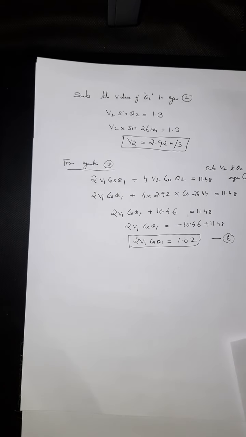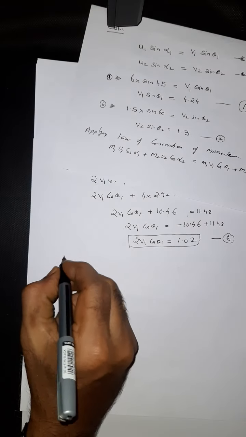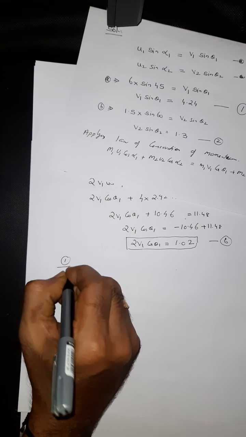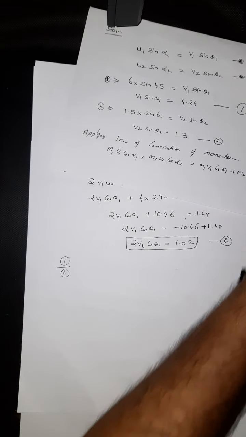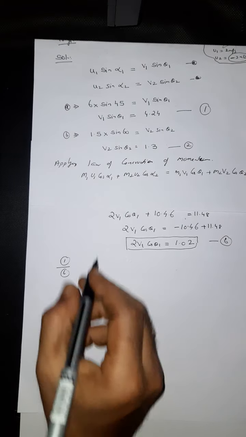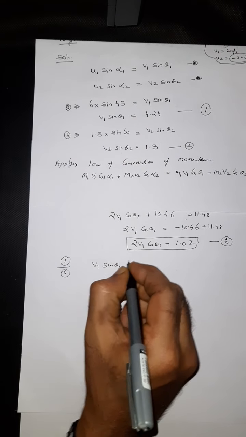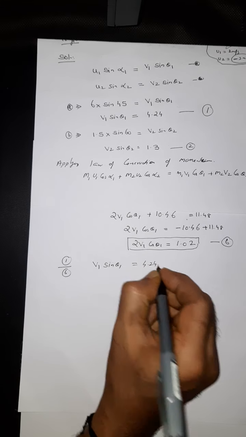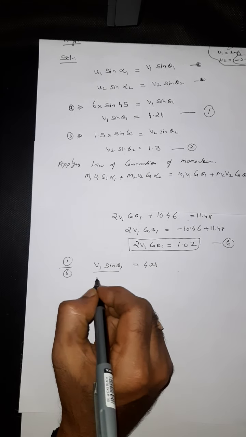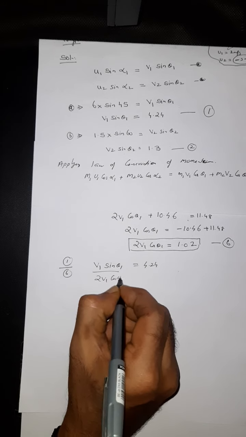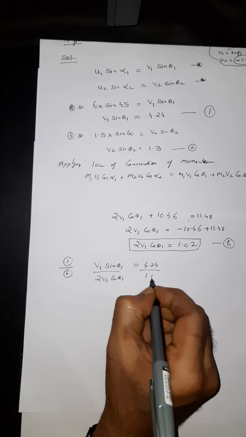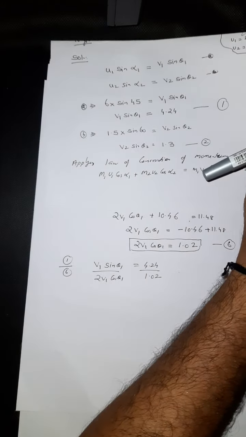Now divide equation number 1 by equation number 6. Equation 1 is v1 sin theta 1 equal to 4.24. Equation 6 is 2 v1 cos theta 1 equal to 1.02.